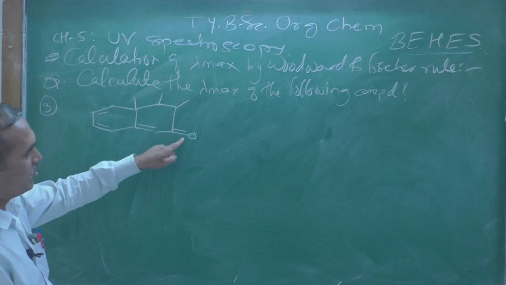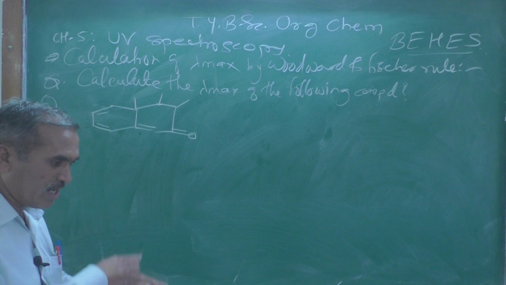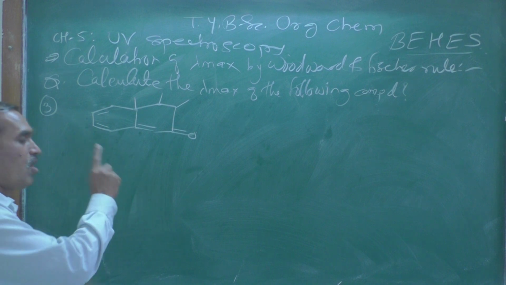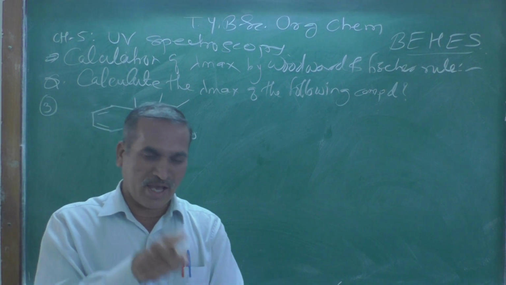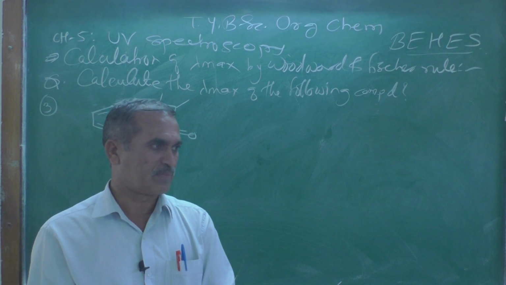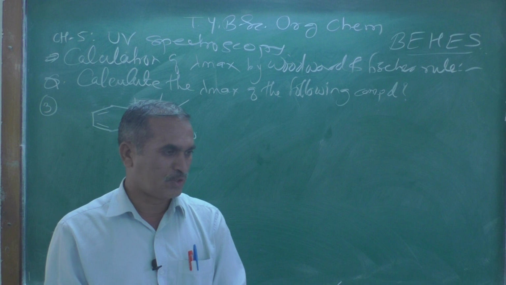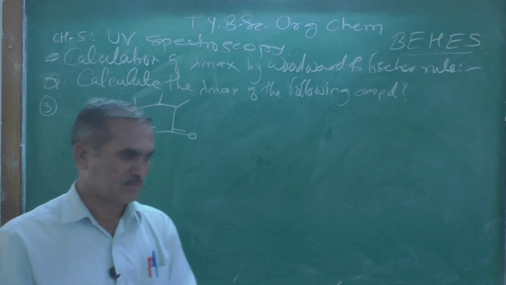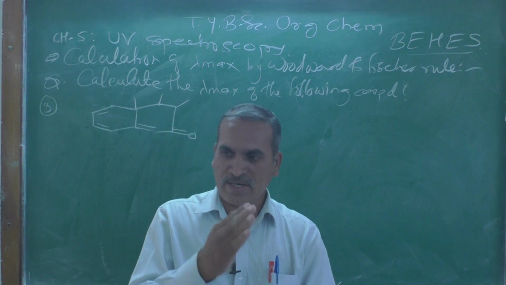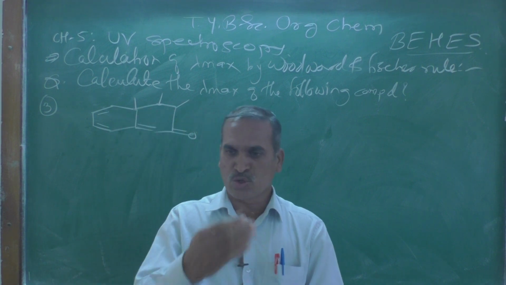Look at the carbonyl group, single bond, double bond, single bond, double bond, single bond, double bond, all in conjugation, meaning all the carbon-carbon double bonds along with that carbonyl group are involved in the enone system. It is termed a chromophore in UV spectroscopic language, and as the length of the chromophore goes on increasing, the wavelength also goes on increasing.